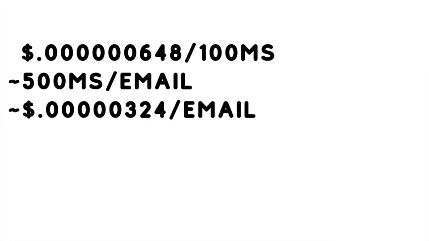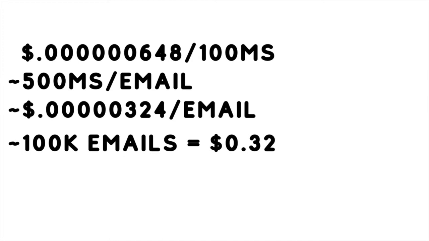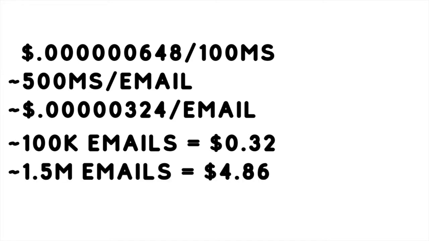This is just based off of the total emails that I sent and how long the operation took. So that comes out to about 0.0000324 per email. So 100,000 emails for reference is about 32 cents, and 1.5 million emails is about $4.86 just for the cloud function itself.